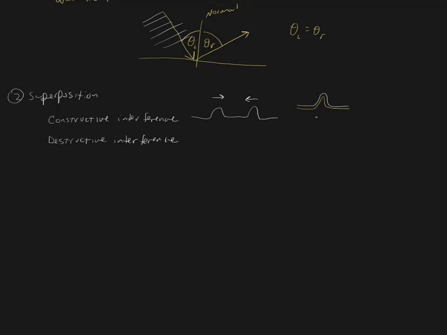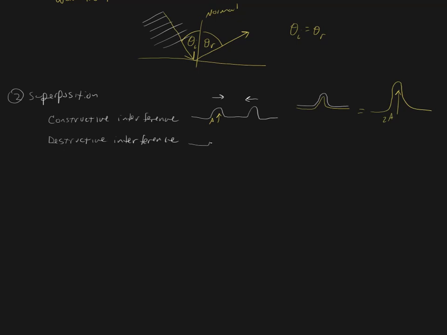When these two waves overlap, basically we're doing one plus the other, and we get a single wave pulse with twice the amplitude. So each one has an amplitude of A, but this is an amplitude of 2A. Hence constructive.